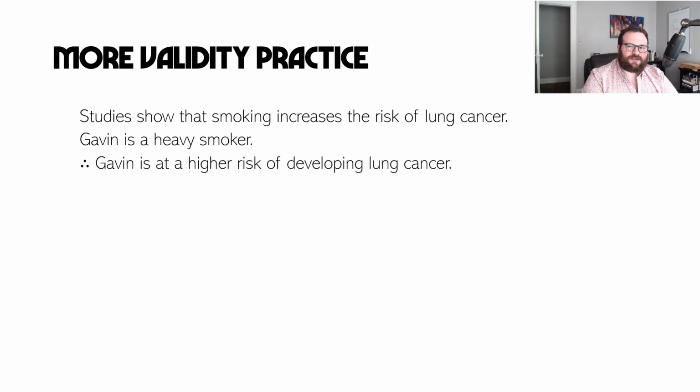Does it follow from the truth of those two things that Gavin is at a higher risk of developing lung cancer? Well, not necessarily, right? It might be that studies show that that's the case, but the studies are wrong. That's possible, right? If that's the case, then this argument is invalid. It doesn't actually show that the conclusion is true, right? The conclusion doesn't have to be true just because the premises are.